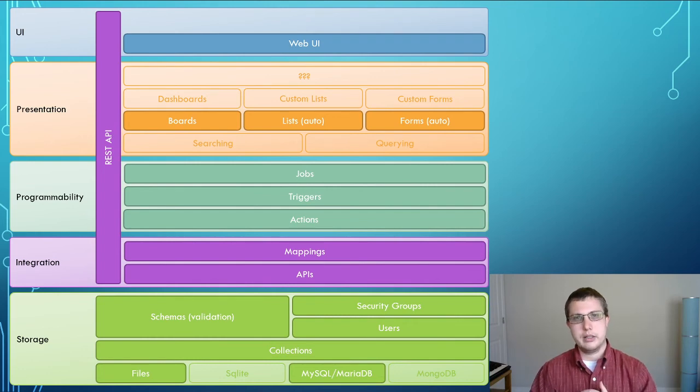Continuing to go up the stack, we have the web UI, which is, from the very beginning, what we built. We built it with REST API in mind, so web UI was kind of an obvious next step. And this is the automatic UI that you get out of the box. Now, in addition to that, we have plans to build some other user interfaces.